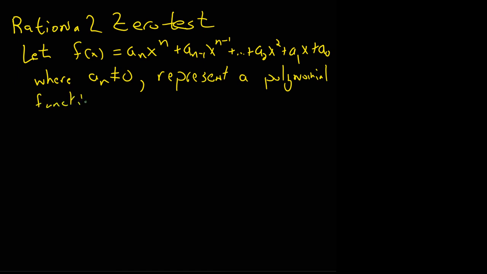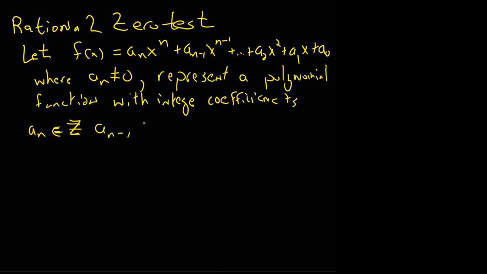With integer coefficients. So that means a sub n is an element of integers. A sub n minus 1 is an element of integers.